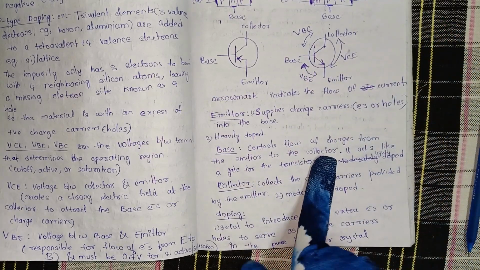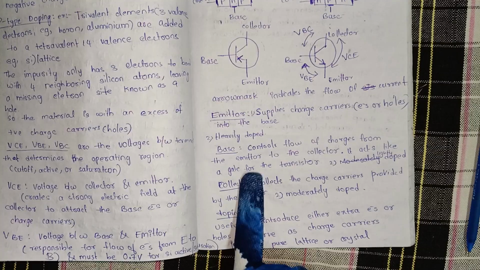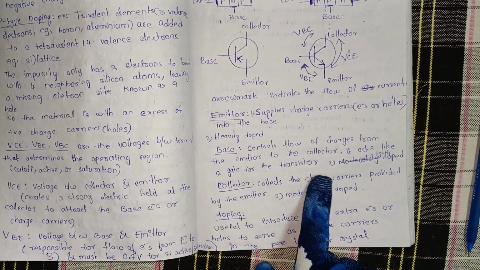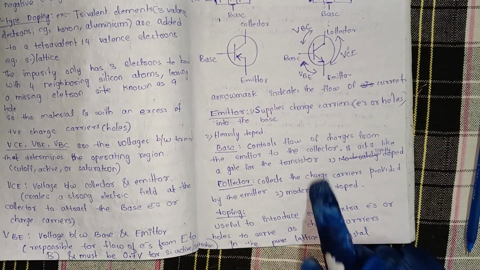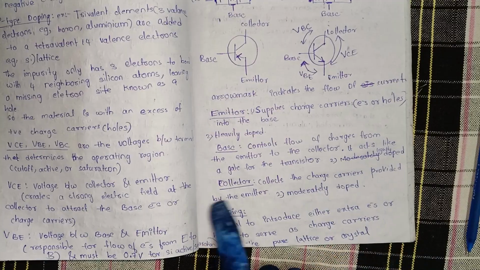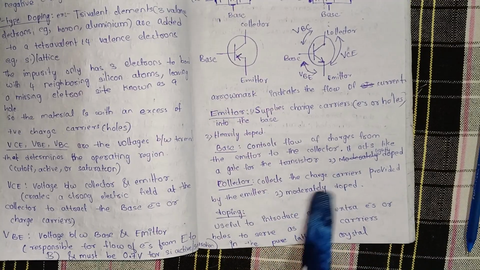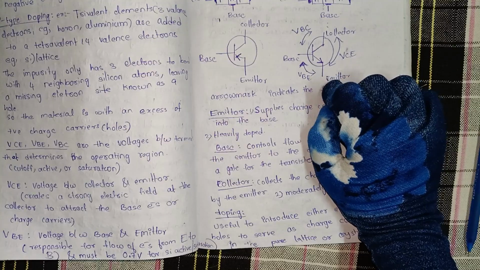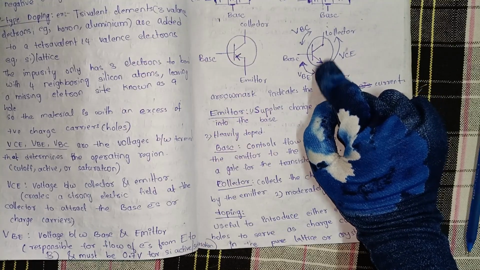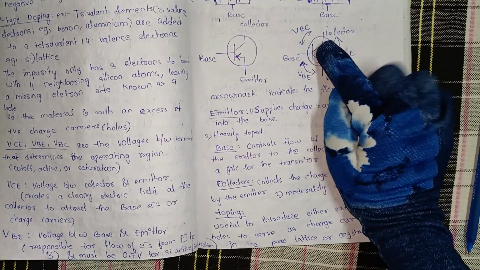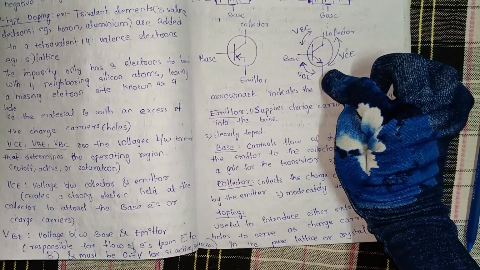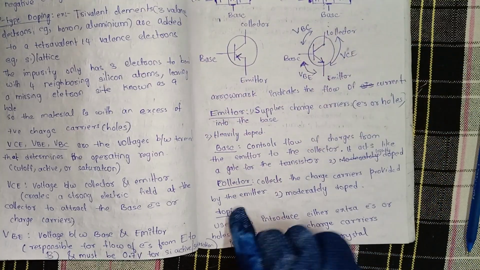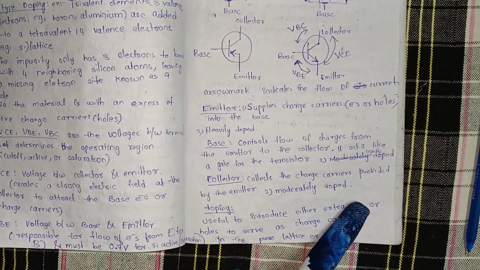It acts like a gate for the transistor, and it is lightly doped. And the collector collects the charge carriers provided by the emitter through the base. Okay, then it is moderately doped.